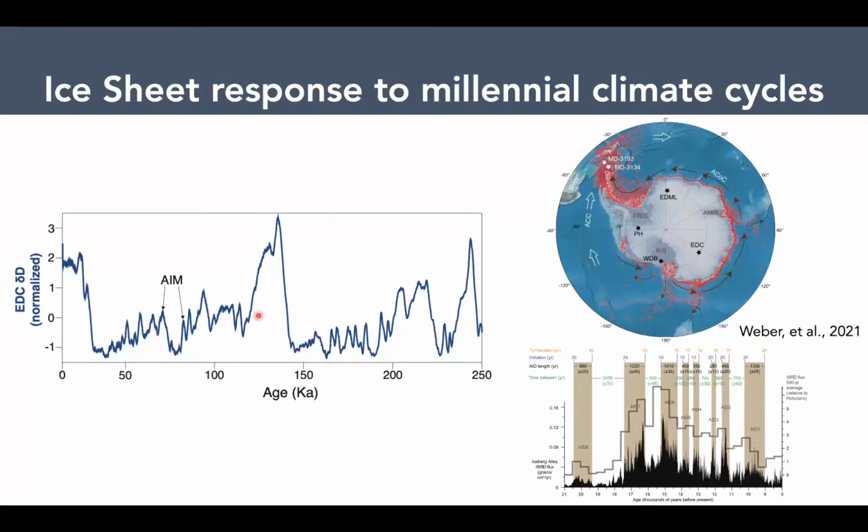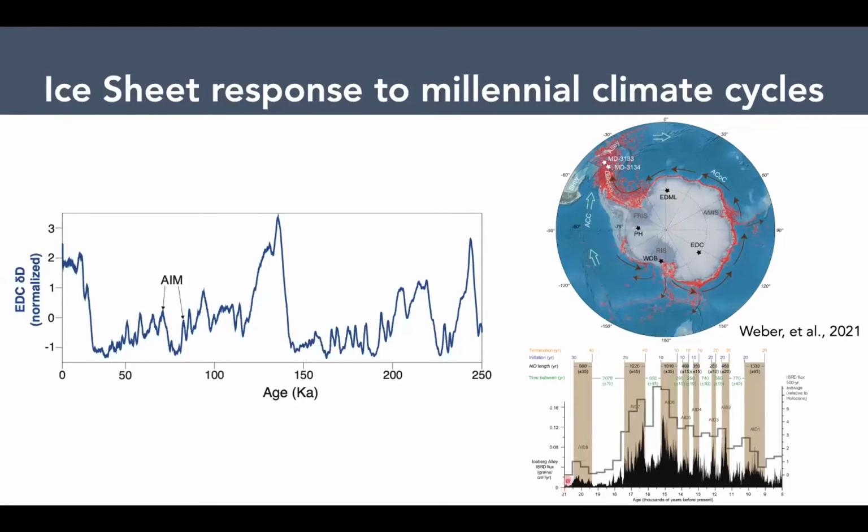I'll just highlight some of the offshore core work that has shown some Antarctic ice sheet response to these AIMs. These two figures are from a paper by Weber and others in 2021, and they have these cores from the Weddell Sea. This is called Iceberg Alley because of the circulation of the Southern Ocean. Icebergs channel in Iceberg Alley, and you get these really nice long-term records of iceberg rafted debris there.